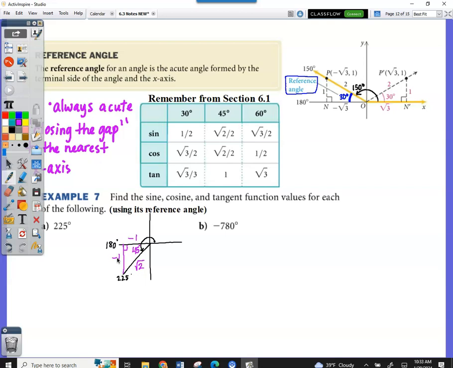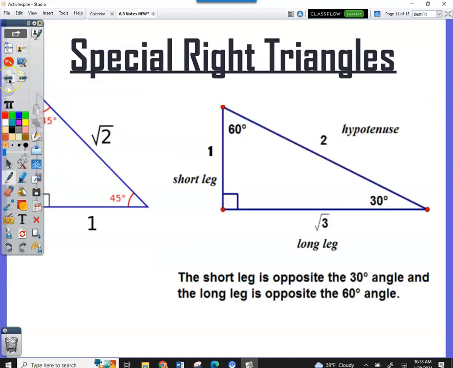Because those are the angles of the special right triangles that we learned. So, your reference angles, this is a safety net, hope you're listening. Your reference angles should always be 45, 30, 60, or 90 if it was not a quadrantal angle.